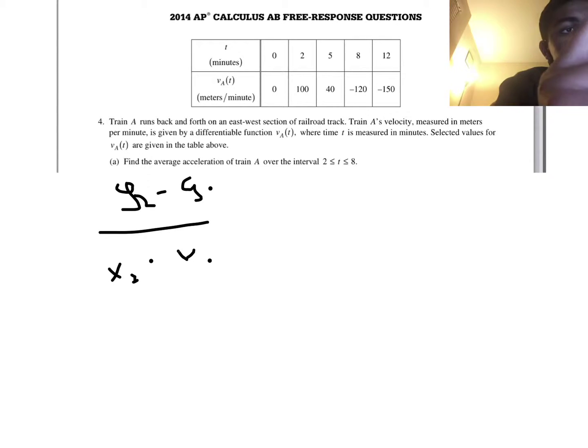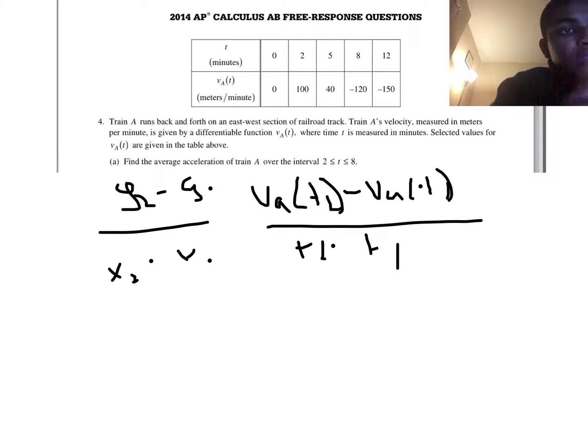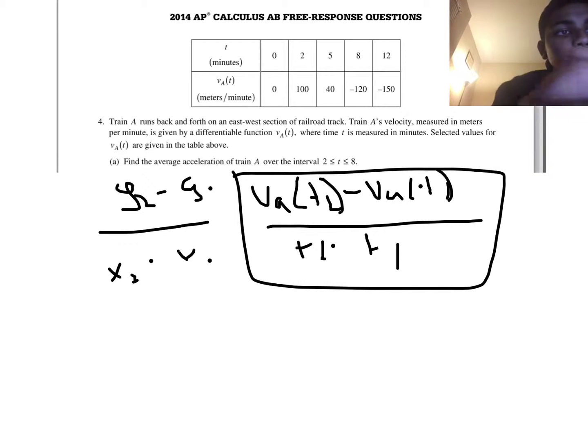In this situation, it's just going to be the same thing, but we'll write VA of t2 minus VA of t1 over t2 minus t1. This formula will give us the average acceleration of train A over the interval 2 less than or equal to t less than or equal to 8.